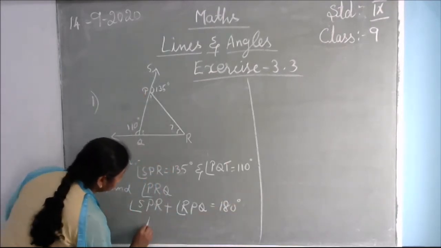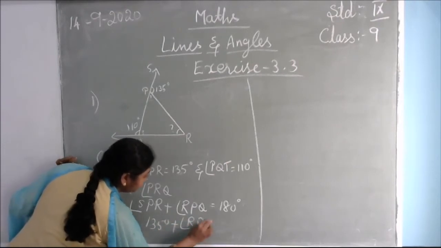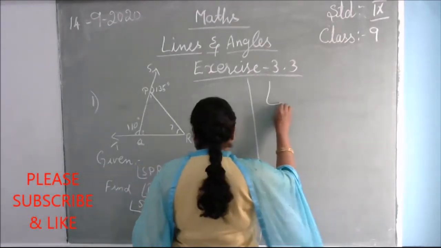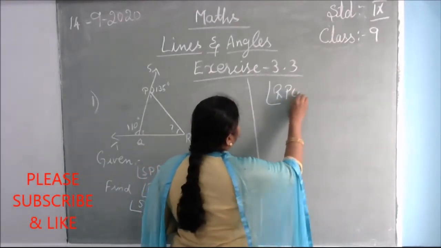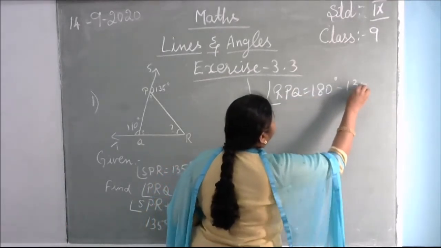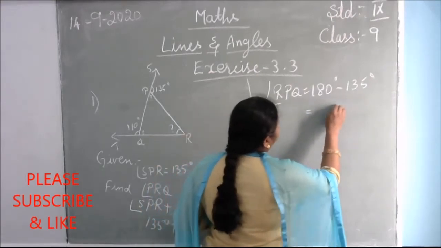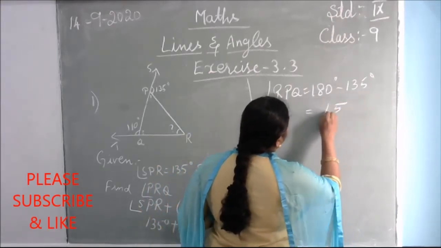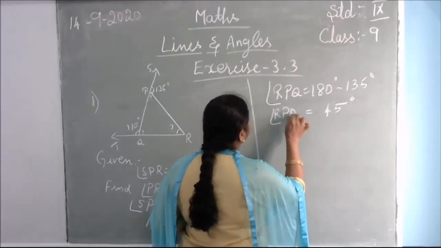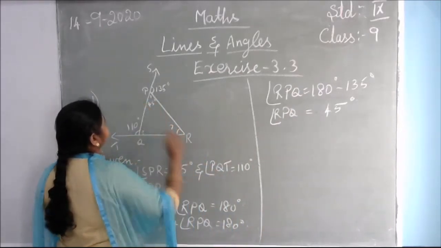Already this one is 135 degree plus RPQ is equal to 180. Angle RPQ is equal to 180 degree minus 135 degree. How much does it become? 45. So this RPQ is 45 degree.